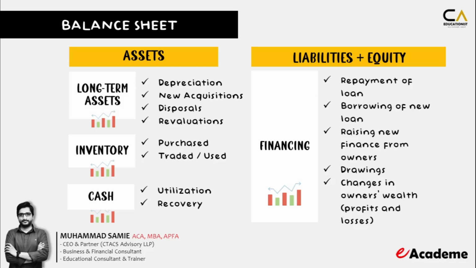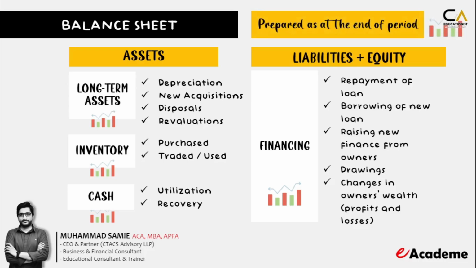So, balance sheet is usually prepared at the end of each period to evaluate how much monetary changes have occurred in each line item of assets and finance side at the period end. In other words, updated balance of each line item is reported in balance sheet at the end of each period.